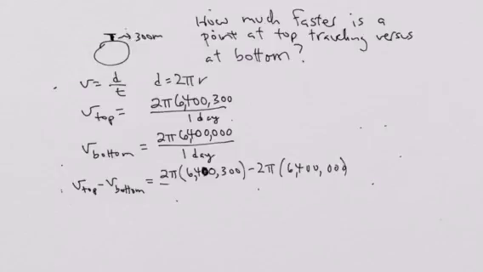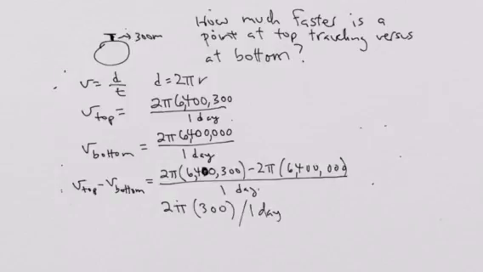Both are over 1 day, and I have a common factor of 2 pi. The difference of those two things is 2 pi times 300, divided by 1 day.